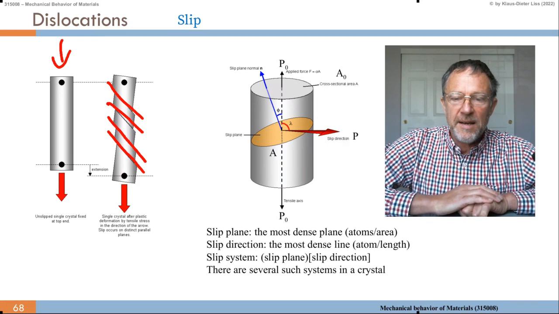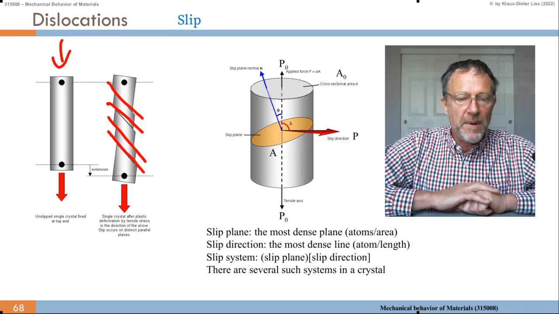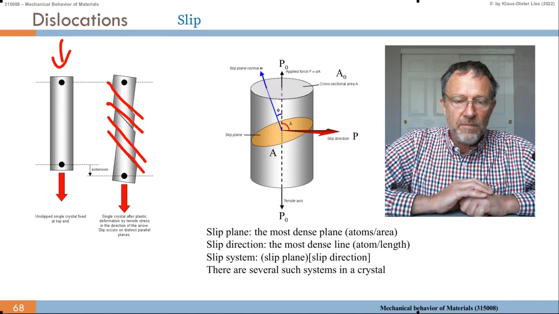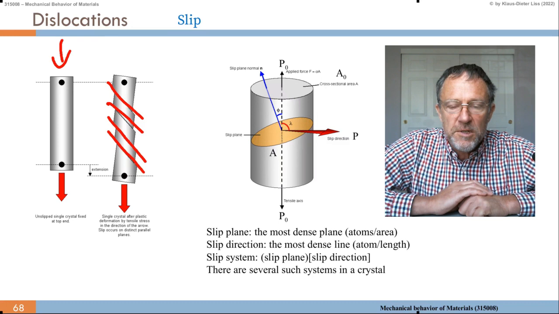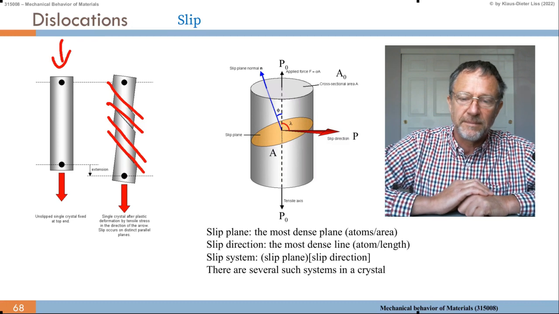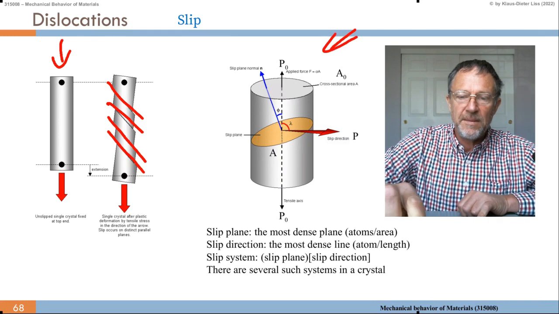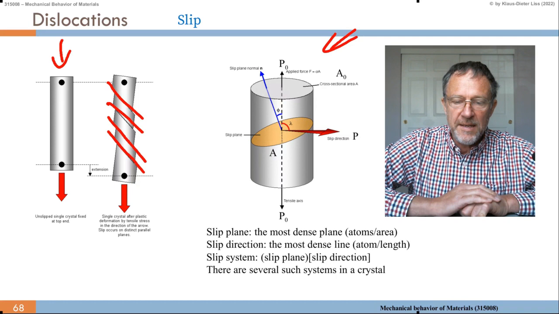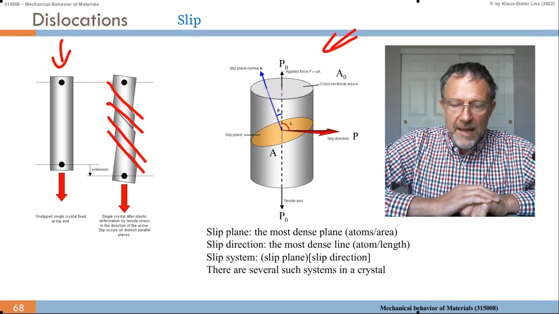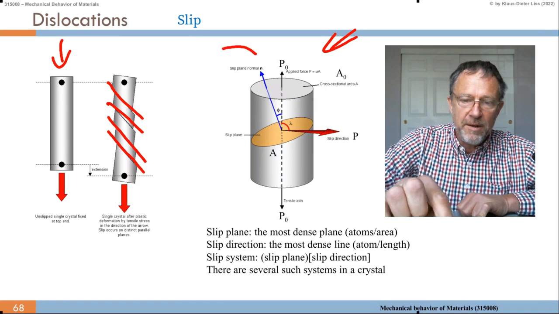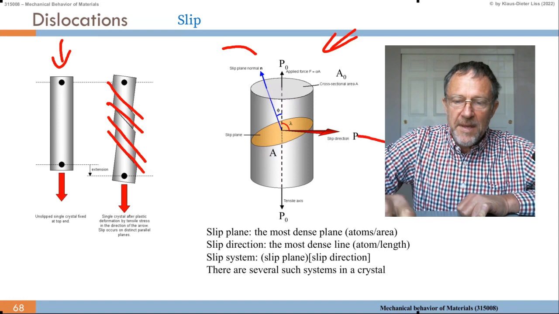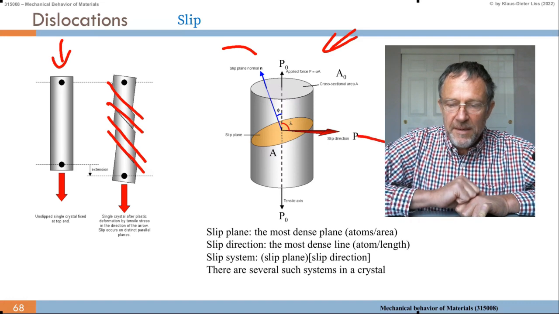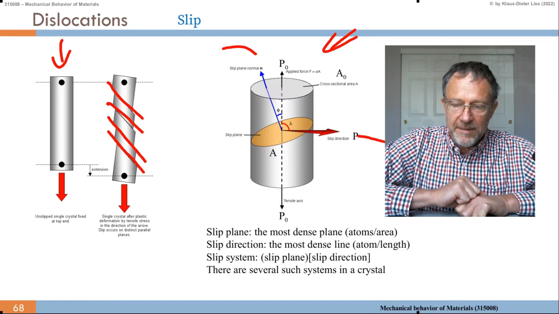Now, how can we characterize quantitatively the stresses we need for slip to occur? Let's consider the scheme to the right here. So we have the slip plane shown in yellow, and we have the slip plane normal here in blue, and a slip direction P shown here in red.